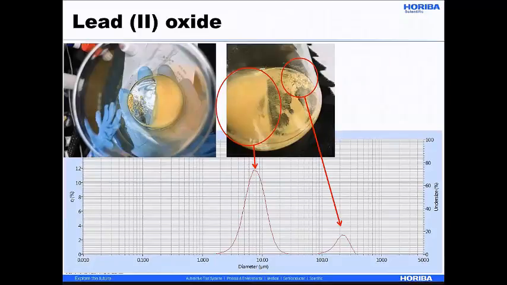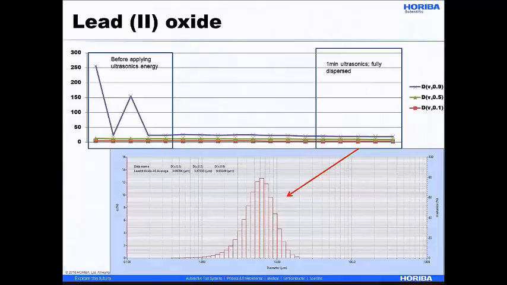At this point, we're not sure whether this is a permanent aggregate or a loose agglomerate. One way to determine that is to do our own ultrasound study. We apply ultrasound for a certain time and see how particle size behaves.